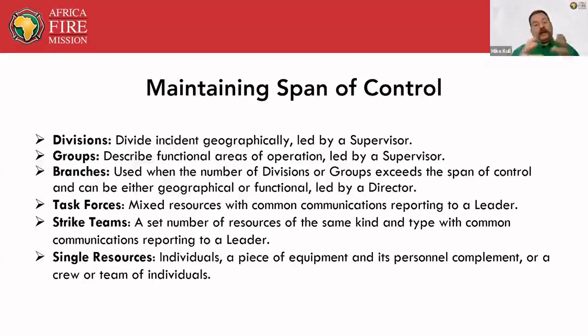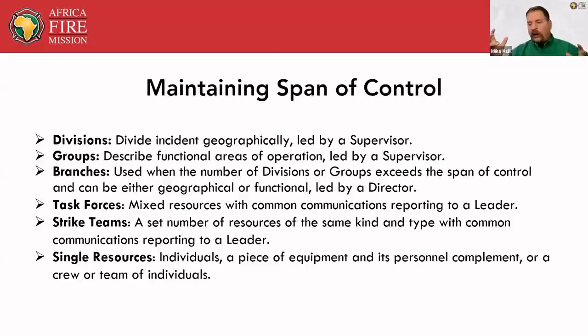Then when we start to expand, we can expand into what we call branches. Branches are used when we've got too many divisions or groups. So a group could be a functional area, where a group is just your firefighting in the incident.